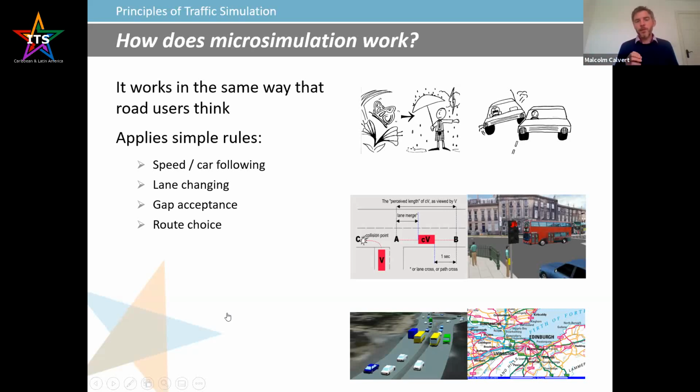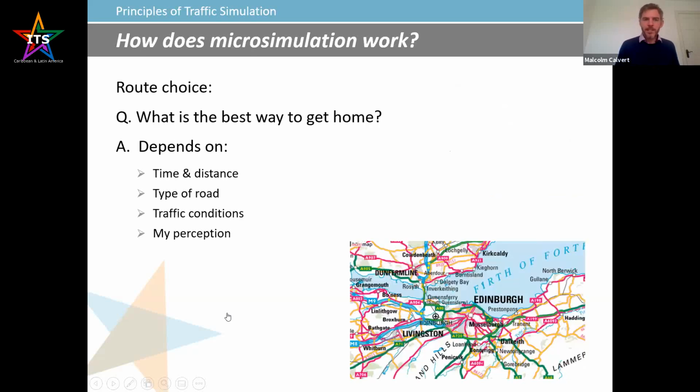And then the fourth rule is route choice. Let's explore route choice a little bit more. A key question with route choice is, what is the best way to get home or to get to work? What is the best way to get to my destination? And that's how the vehicles within a traffic simulation model will work.